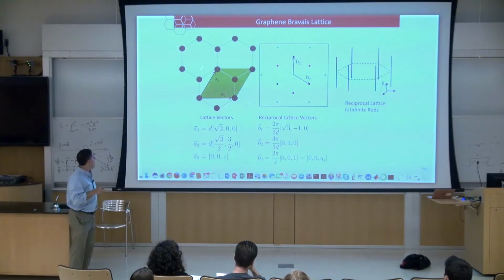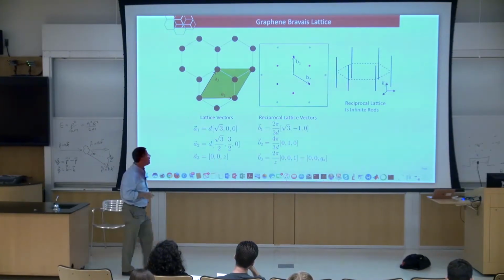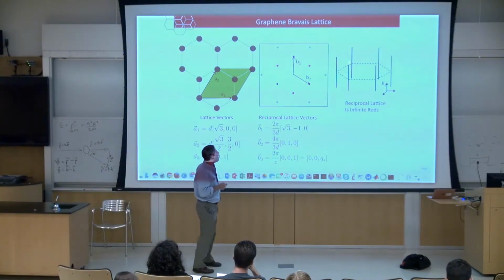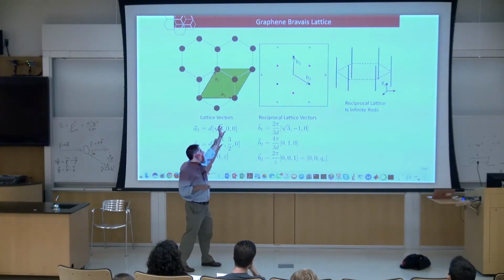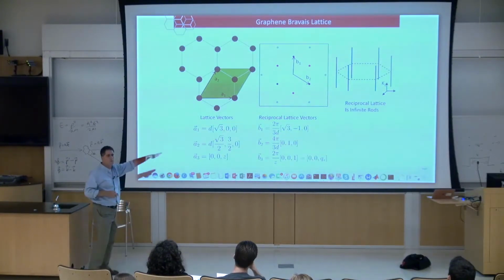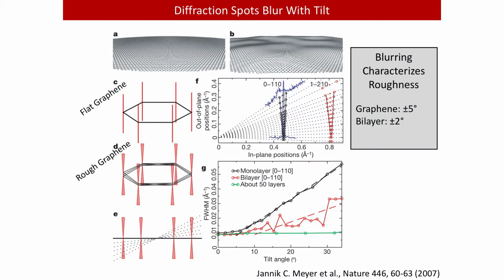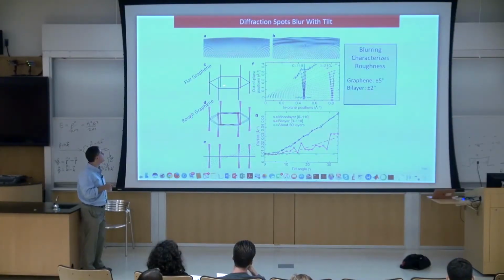Here is the Fourier transform of graphene, working out the lattice vectors and the reciprocal lattice vectors. It's a 2D sheet, and therefore I have rods. So this is what my diffraction space looks like. Now I ask what happens when I intersect it with an Ewald sphere. If I have flat graphene, this is what I'm going to expect to be intersecting.